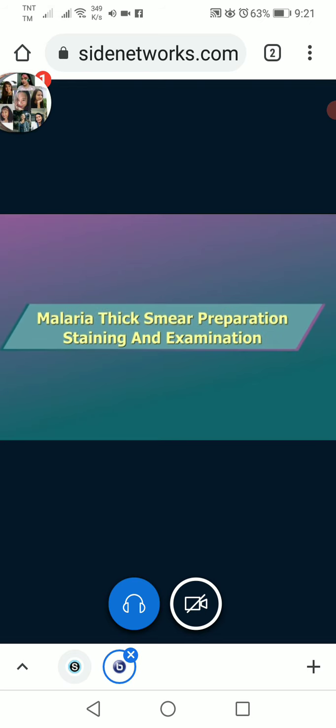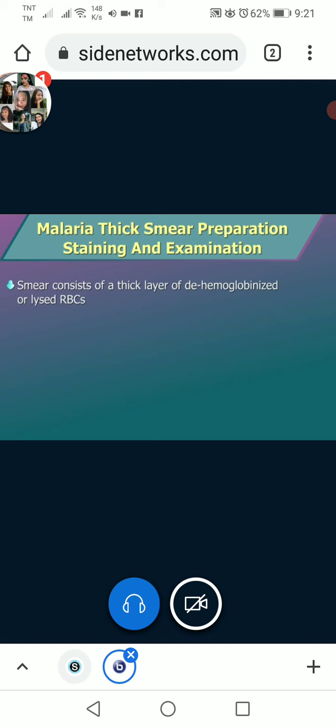Malaria thick smear preparation, staining and examination. Thick peripheral blood smears consist of a thick layer of dehemoglobinized or lysed red blood cells. The blood elements, including parasites, if any, are more concentrated than in an equal area of a thin smear.